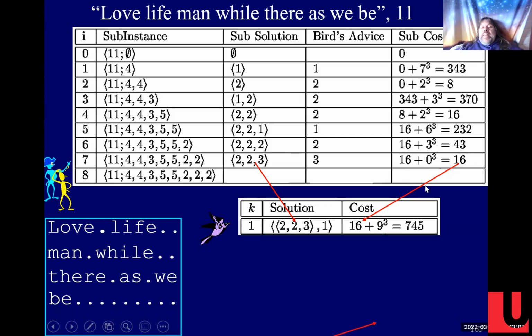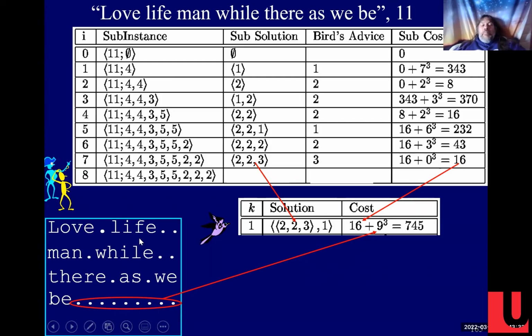And then we have to take this last edge over to the decision of putting one word on the last line. And what's the cost of that last decision? Well, how many spaces are there? If you put one word on the last line, there are 9 spaces. So 9 cubed. So this is our total cost. This is the total cost of this solution. Everybody buy that?